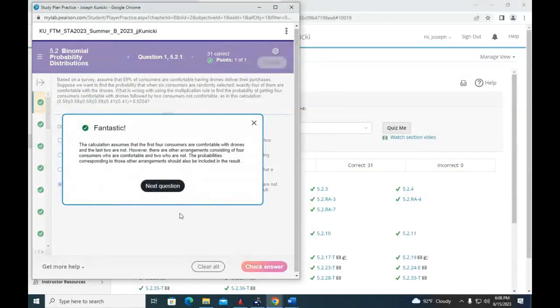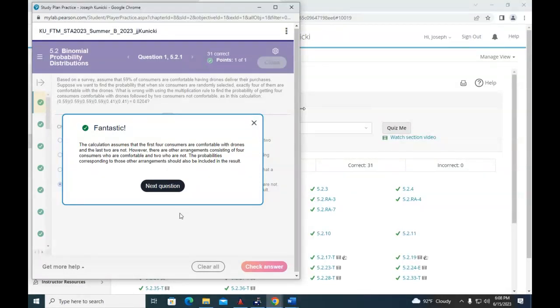So the formula turns out to be P to the 4th Q squared, because you will have four successes and 2 failures. But then you need 6 choose 4, because you have that many ways to choose them.